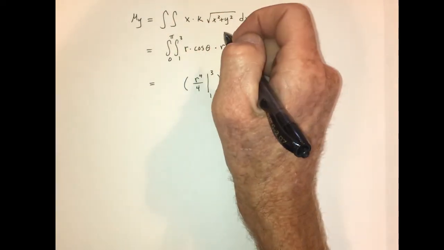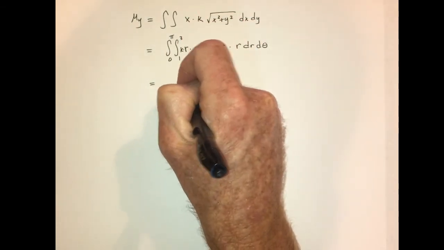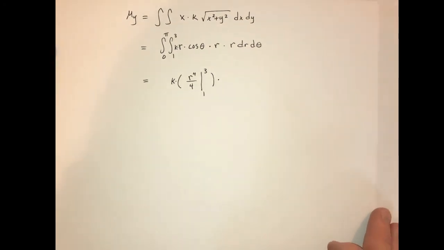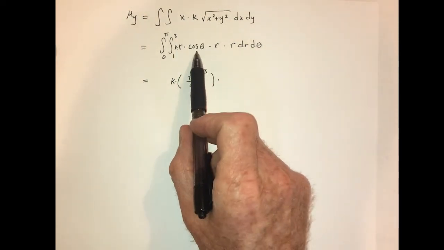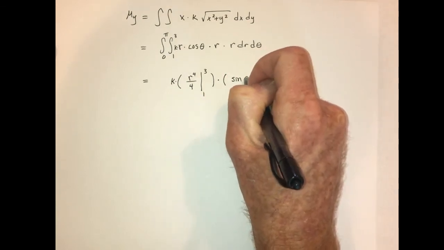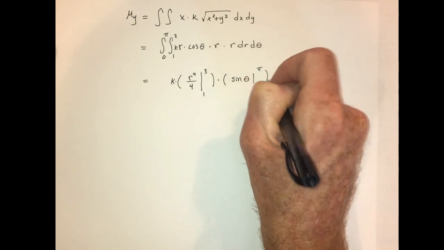I keep forgetting the k. The funny thing is, at the end, the k cancels when you divide at the very end. So I don't really even need to bring the k, but I feel like I must. All right, then on to the antiderivative of cosine is sine. That gets evaluated from 0 to pi.